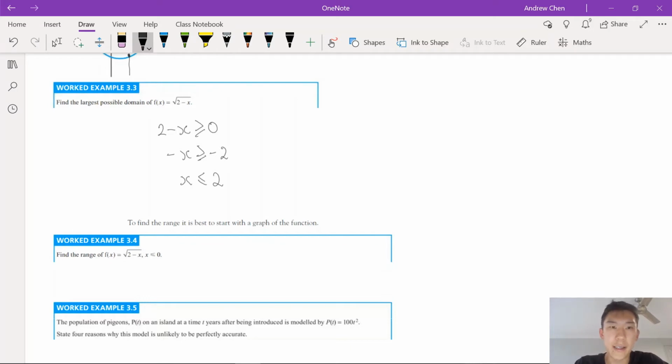If we test that, let's say we do -5. 2 minus -5 is 7, and we can square root that. I'll just quickly give you a visual as well.